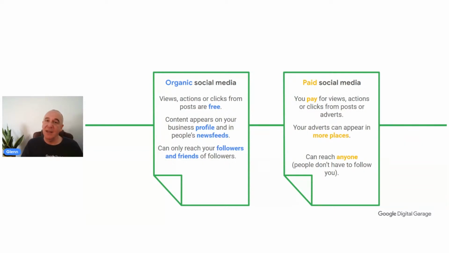Because the key and the drum roll, you can reach anyone. Again, remember those settings that we saw before, where you could go to the whole of the world, the UK, or particular areas. Again, you get the choice on paid social media to really target, so that only people in particular areas, if you know locations are key to you, will be seeing that advert in the first place.